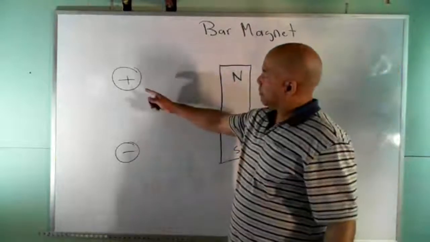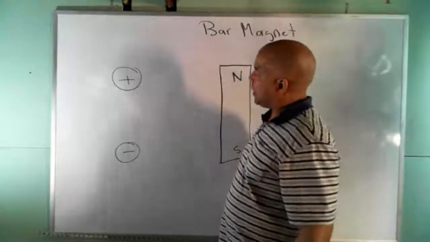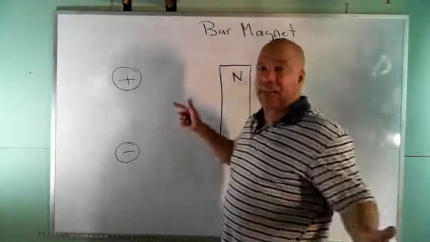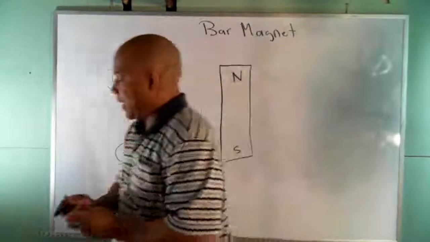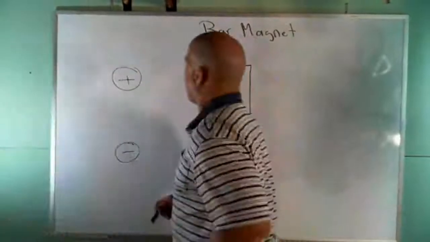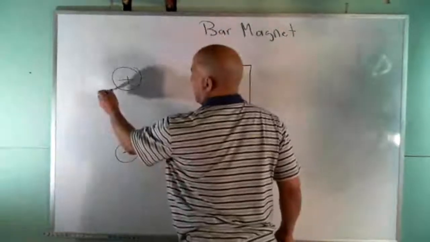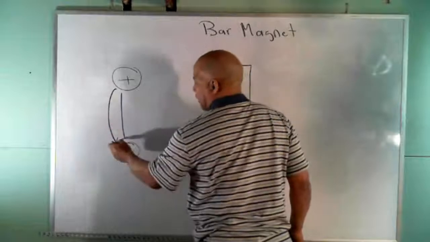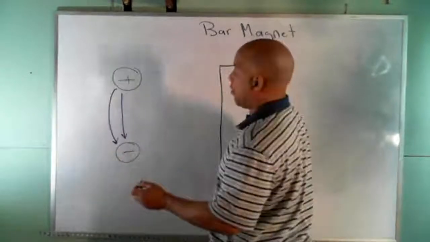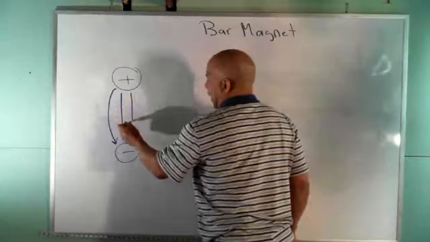Well, over here, if I have charge and it's separated like that, you know that that's voltage. But also you know that in the region between this charge is an electric field. So I draw the electric field like this. And we understand the electric field to have direction and magnitude.